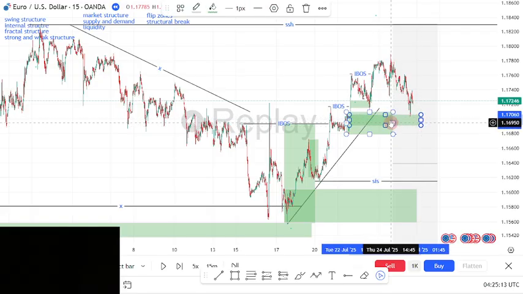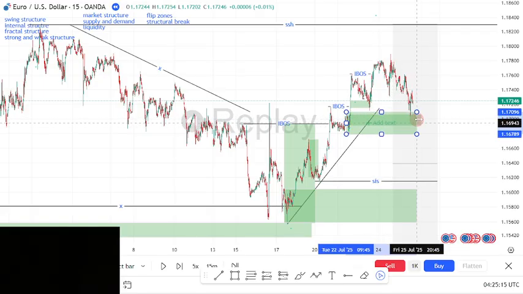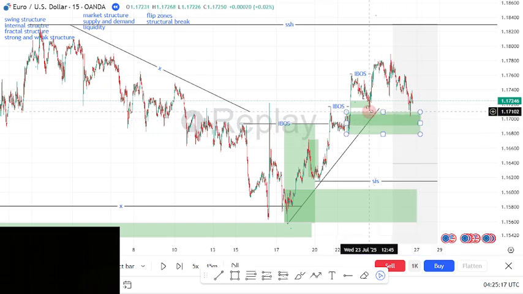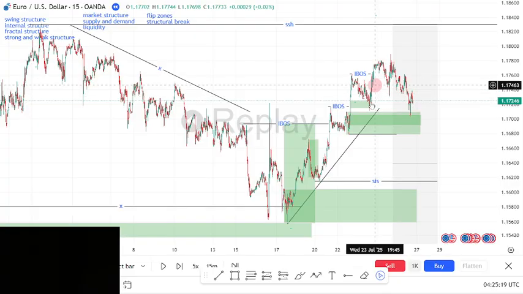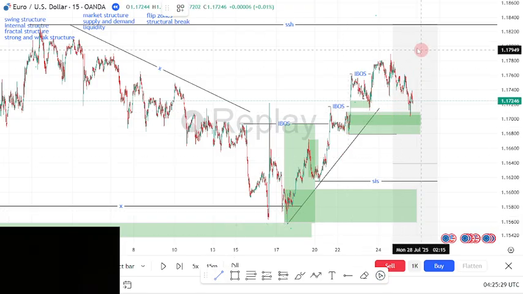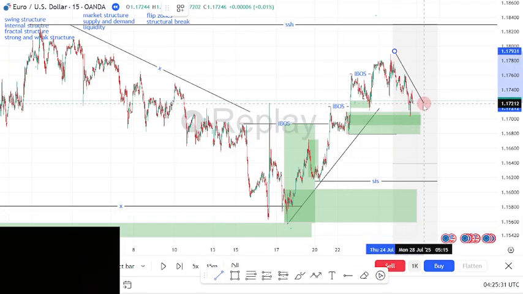So now you can see that price has tapped into my major area. We use this as inducement, right? We use all of those as inducement, and I'm expecting this to be a trend line liquidity.